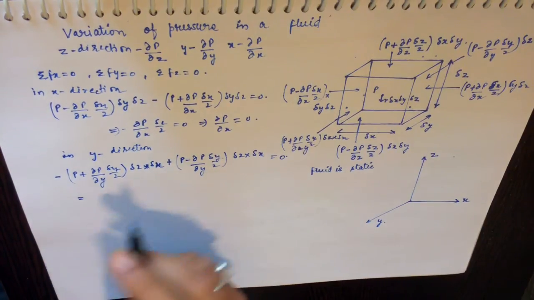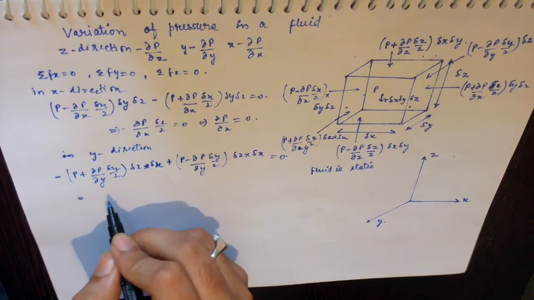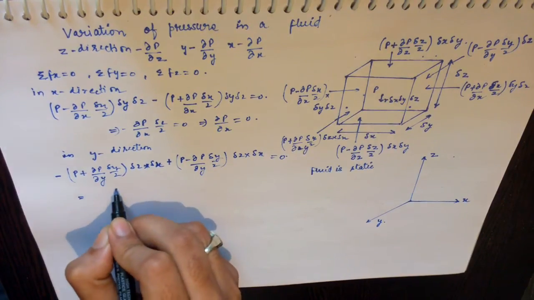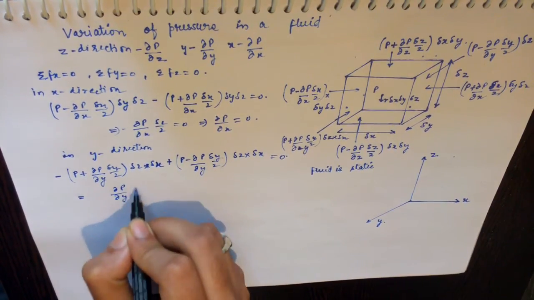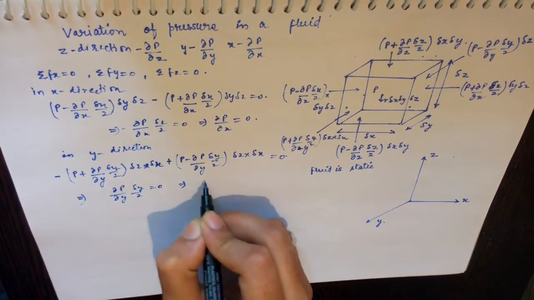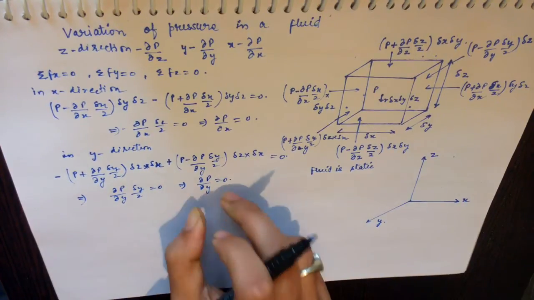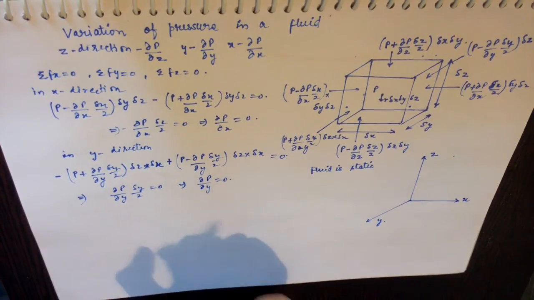If we solve this, this p and this p will cancel out, and we are remaining with delta p upon delta y by 2 equals 0. This implies delta p upon delta y equals 0. So the variation of the pressure in the y direction comes to be 0.